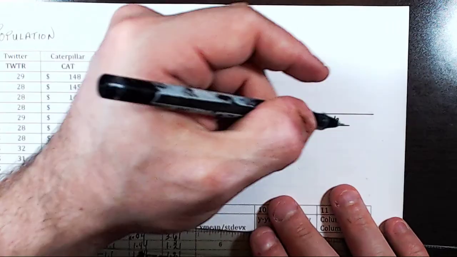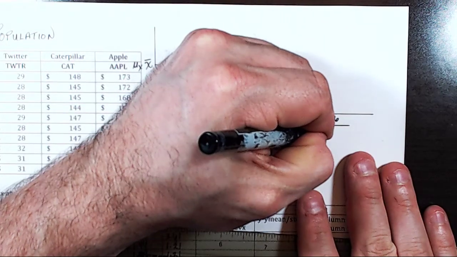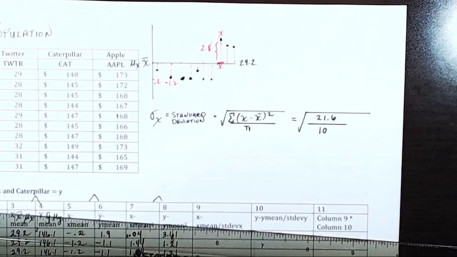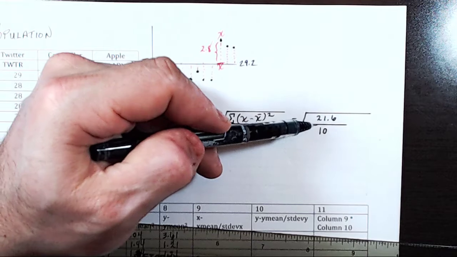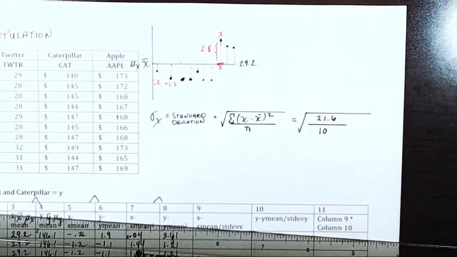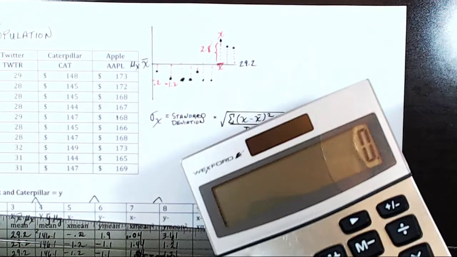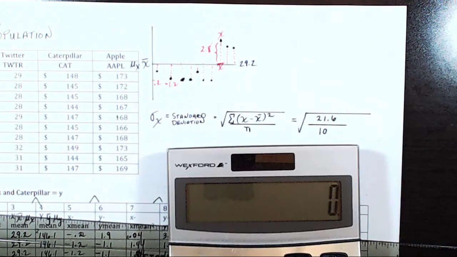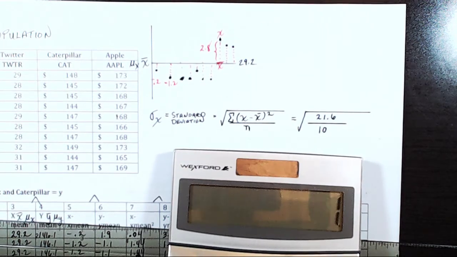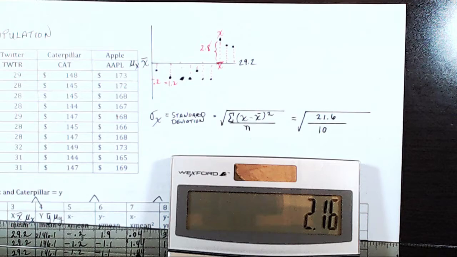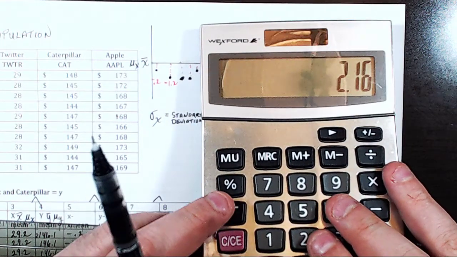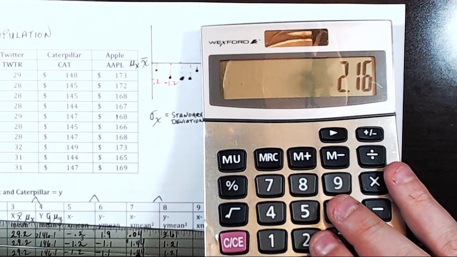So n is 10. To solve the standard deviation for x, I divide 21.6 by 10, which is 2.16, and then take the square root of it. I'll hit this square root button right here to get the square root.